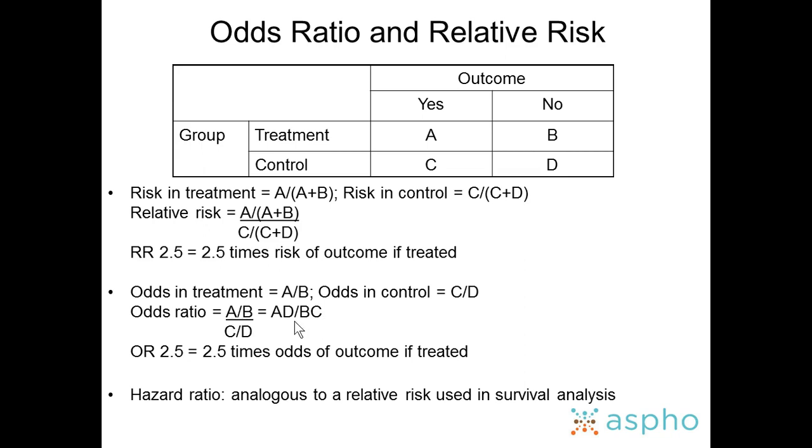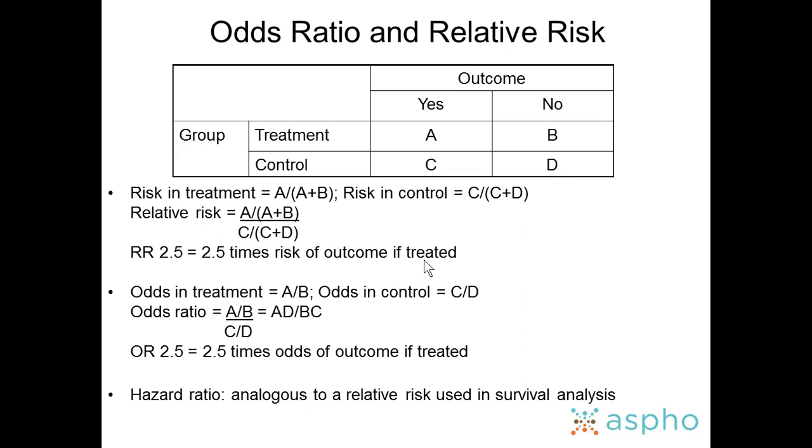But honestly, I would just memorize it this way: A times D over B times C. Just remember that and you'll be good. And an odds ratio of 2.5 just means that your odds of an outcome are 2.5-fold higher if you were exposed or in the treatment group.